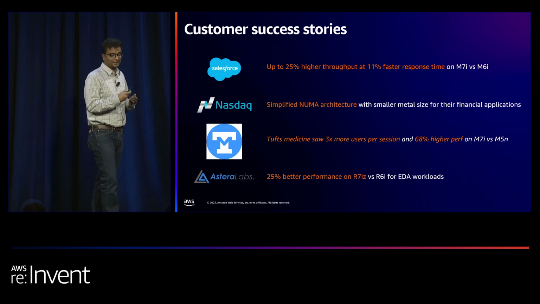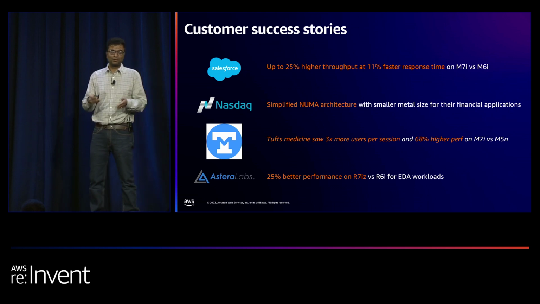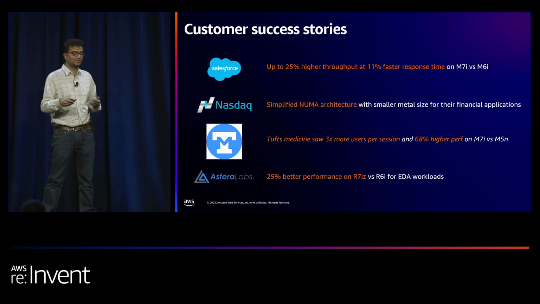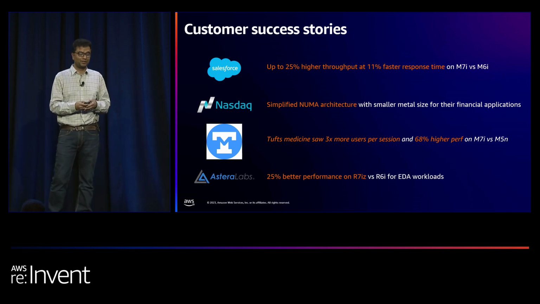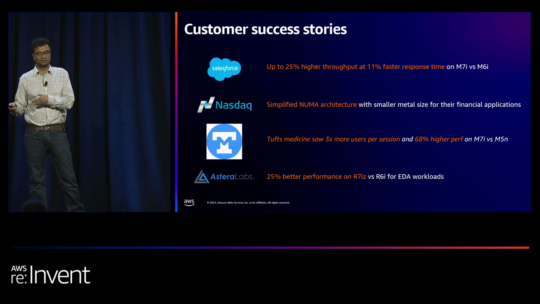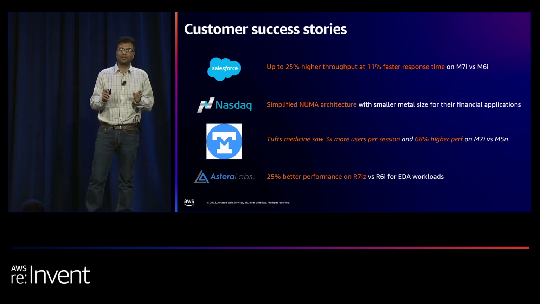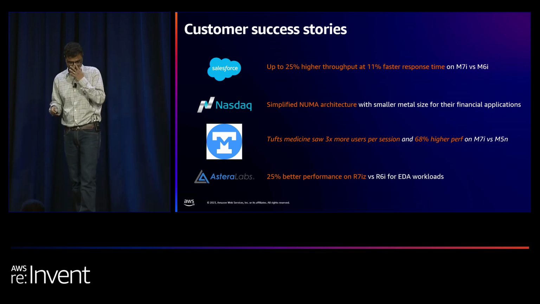Customers like NASDAQ have been able to simplify their NUMA architecture and leverage our smaller bare metal sizes for their financial application workloads. Whereas a healthcare customer like Tufts Medicine saw 3 times more users per session and 68% higher performance on M7i versus M5n instances.